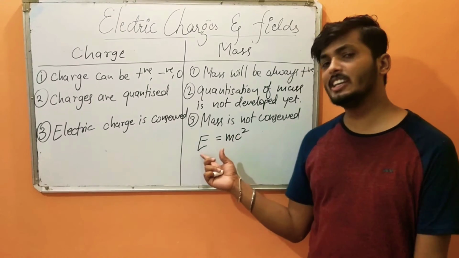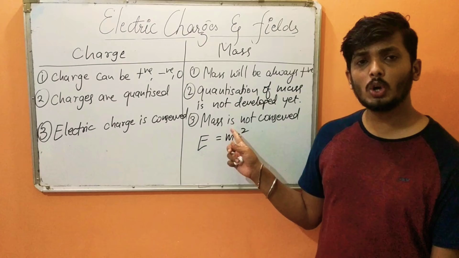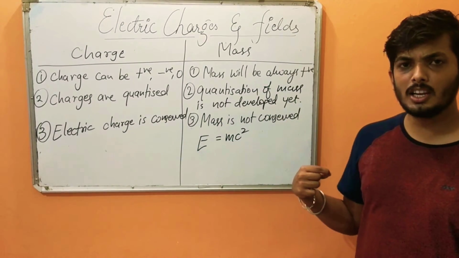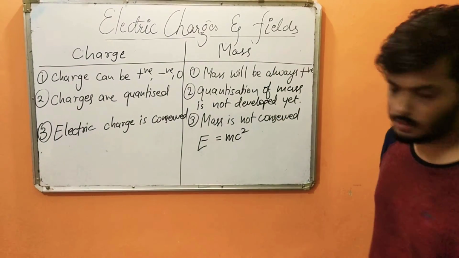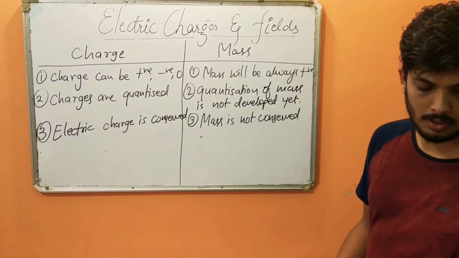So energy is nothing but mass, mass is nothing but energy. Here mass is not conserved because mass can be converted into energy and energy can be converted back into mass.